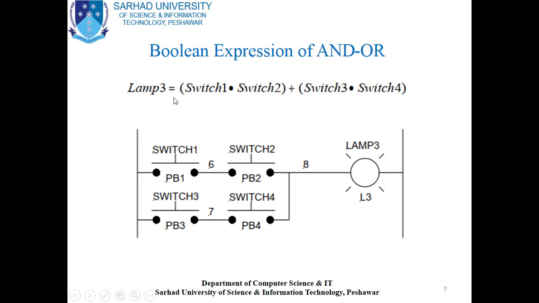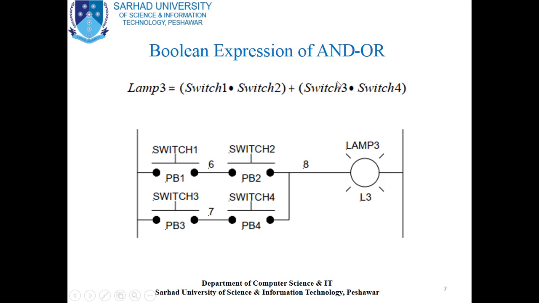Lamp 3 is equal to switch 1 dot switch 2 plus switch 3 dot switch 4. Dot means these two switches, switch 1 and switch 2, are connected in AND form. The dot represents AND logic or AND form.